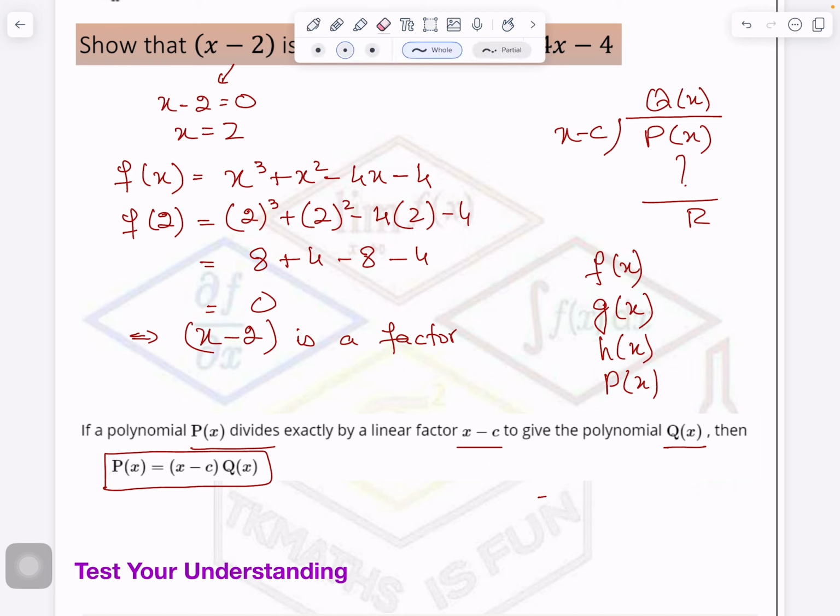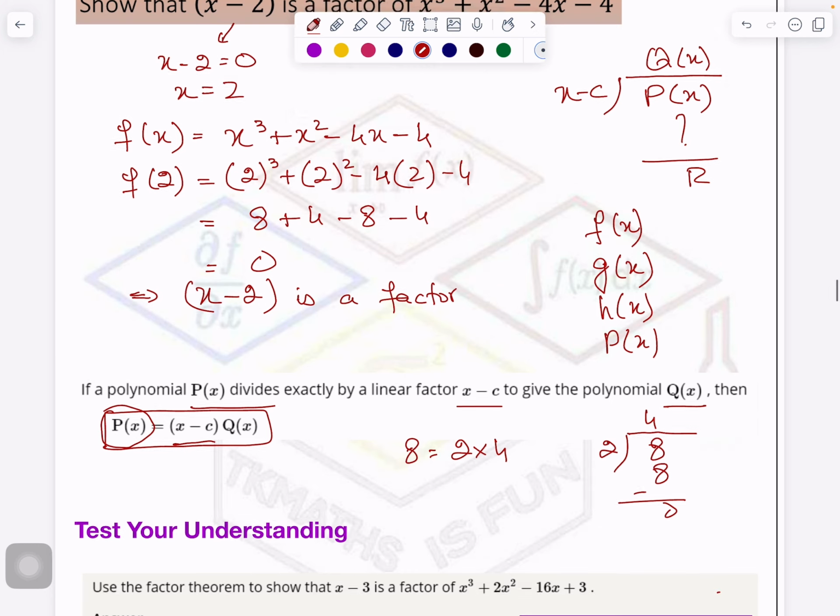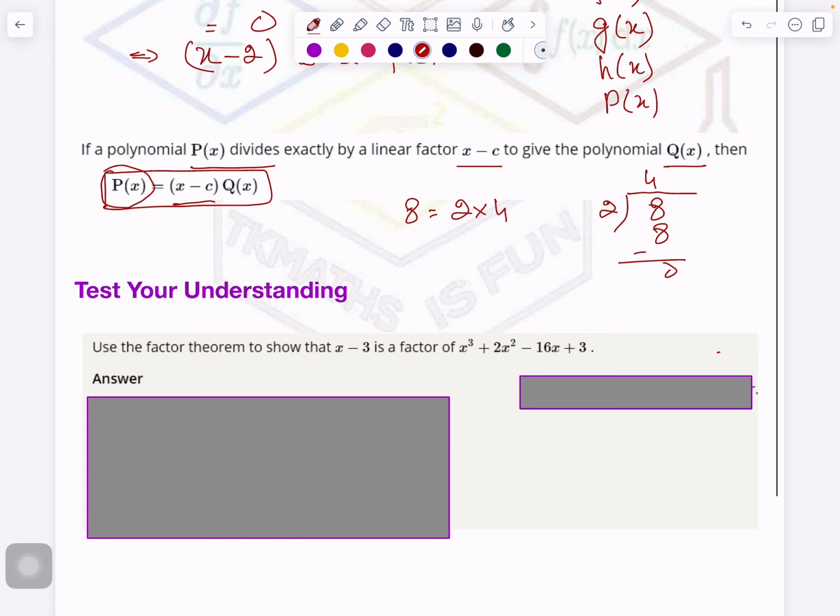For those who are finding this concept difficult to comprehend, they can try to link it with this. For example, if I say 2 times 4 is 8, so I can say 8 is equal to 2 times 4. Similarly, p of x is equal to x minus c times q of x.